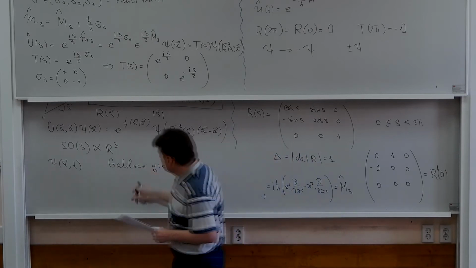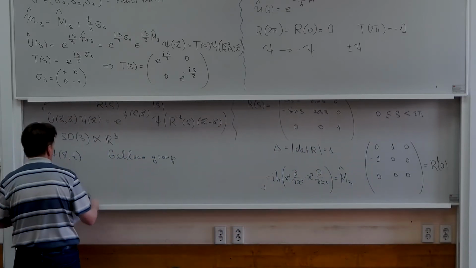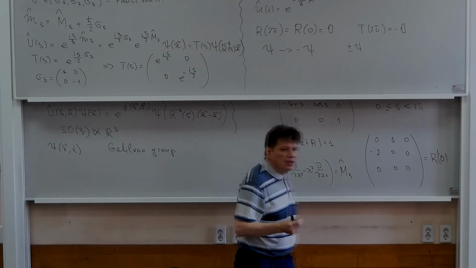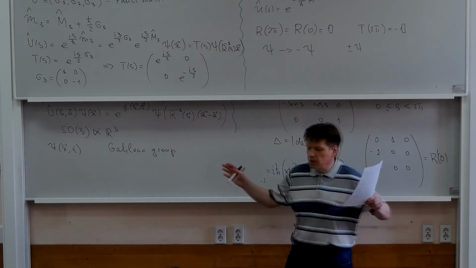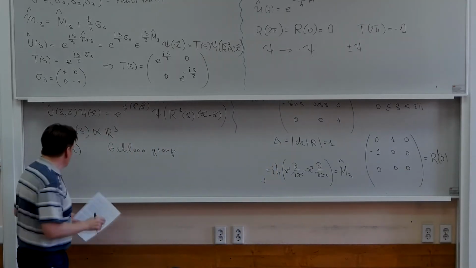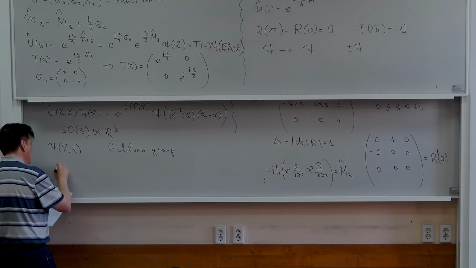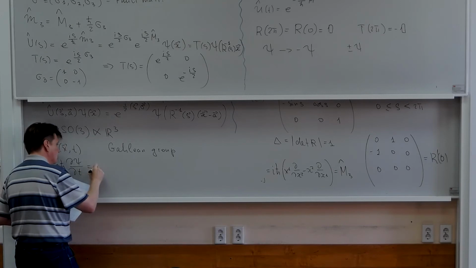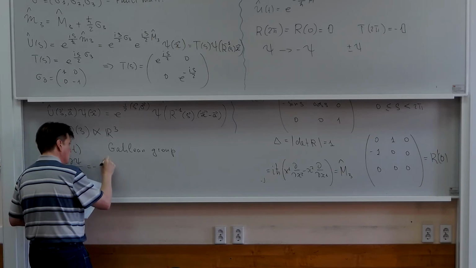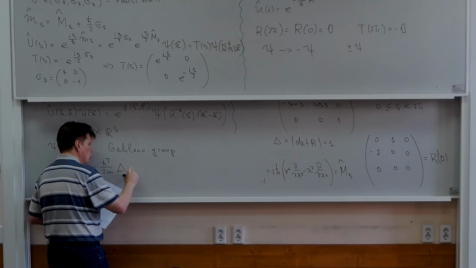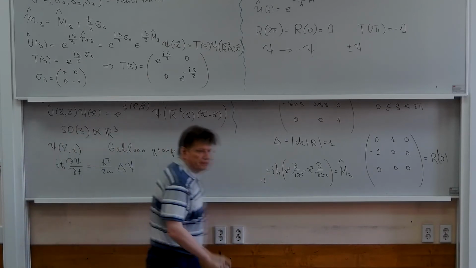And by assumption, since we consider the wave function of a free particle moving in empty space without any force acting upon the particle, it must satisfy the Schrödinger equation, i h bar d psi dt is equal to minus h bar squared over 2m times the Laplacian of psi.